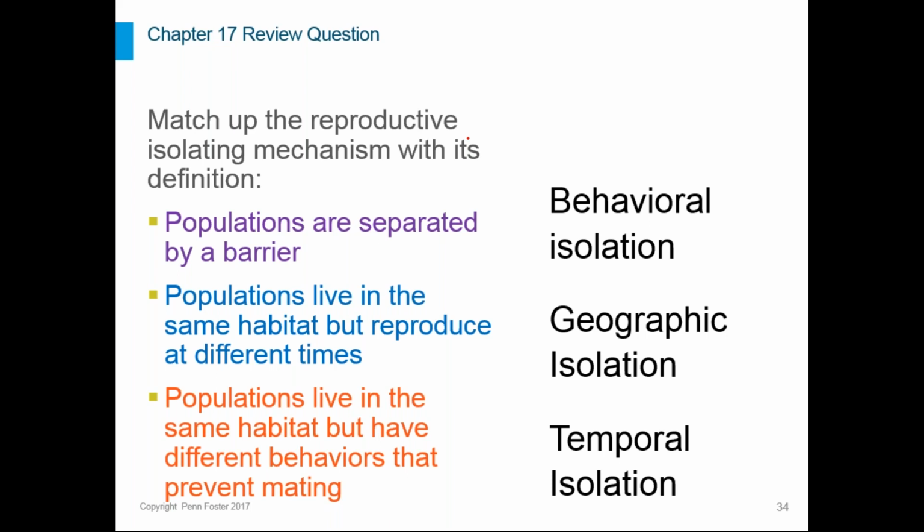And populations that live in the same habitat but have different behaviors that prevent mating. So the first one, separated by a barrier, is geographic isolation. The second one, living in the same habitat but reproducing at different times, is called temporal. And the third one, different behaviors that prevent mating, would be behavioral isolation.